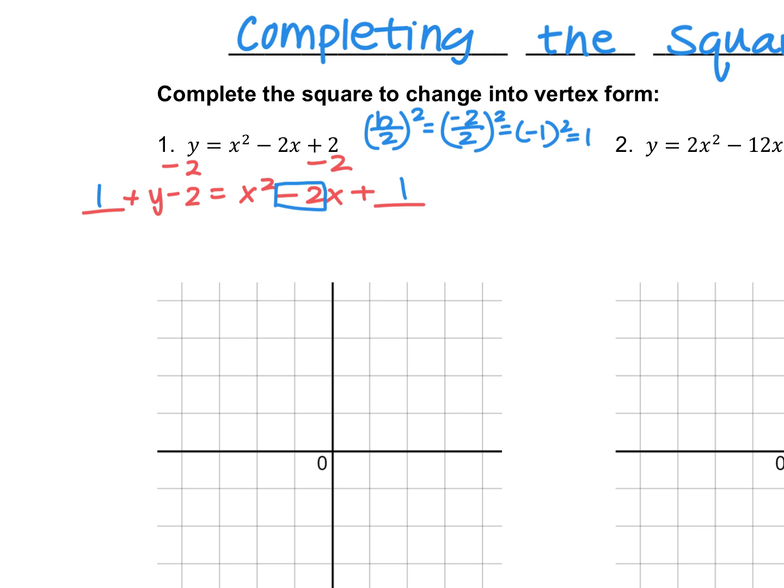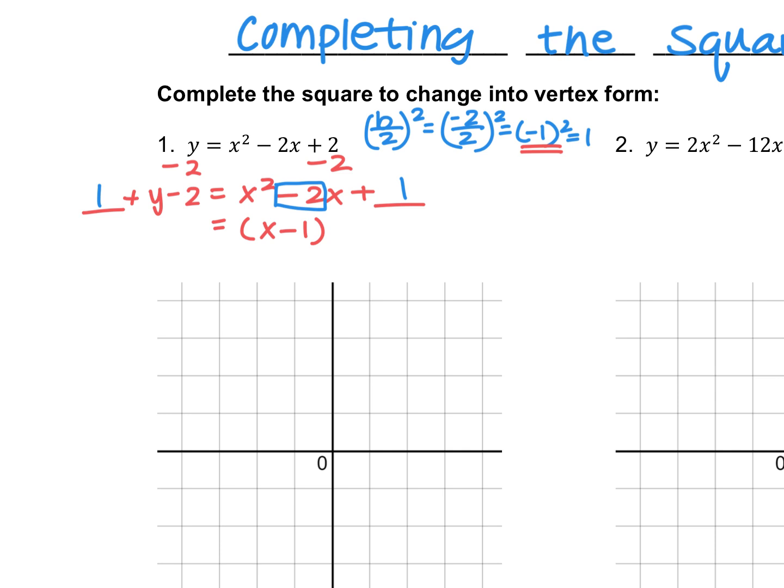Now, the reason why I do all of my steps here, because technically I don't need to, right? I know that -2 over 2 is -1 and -1 squared is 1. I don't need to do all that. But the value that I get before I square, the value that is being squared, is always going to be my number when I factor this.